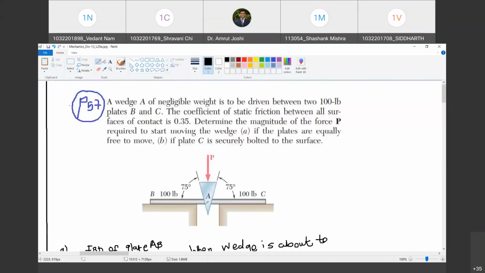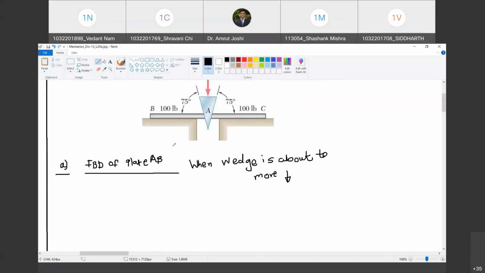Yes, sir. You will understand, as the wedge moves down, the plate B tries to move towards left and plate C tries to move towards right. Do you agree with me? Yes, sir. Okay. Now, how does this free body diagram look like?